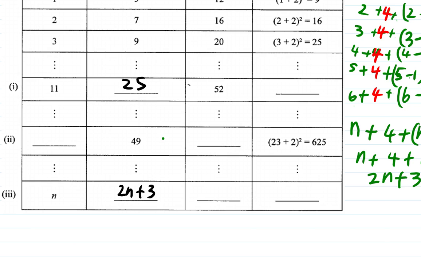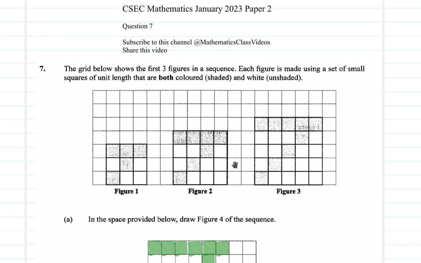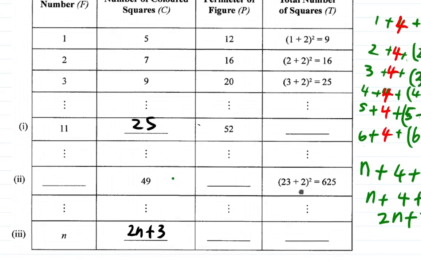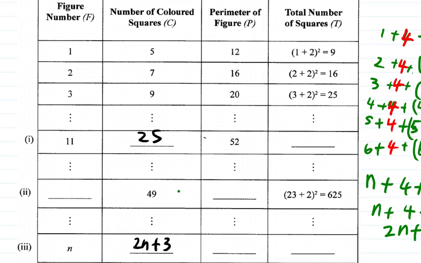Now, over here. Oh no, why this thing jumped all the way back up here. Alright, over here now. This is 1 plus 2 squared, 2 plus 2 squared, 3 plus 2 squared. So this would be n plus 2 squared. You see that?